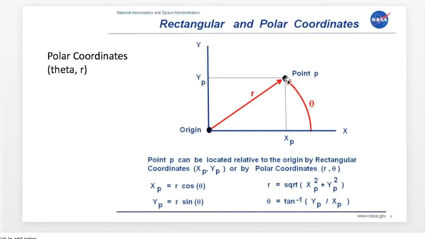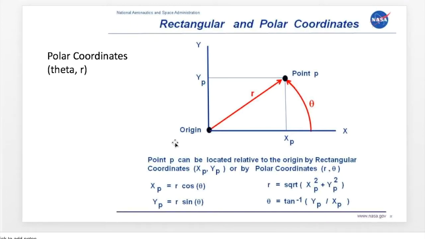In this case, the point P in the Cartesian coordinate system has an address X and Y. But in the polar coordinate system, it has the address known as theta, this angle, and r, which is the distance from the origin to point P. So point P's address in the polar coordinate system is the angle theta from the x-axis going counterclockwise, and also the distance from the origin to point P. I just want to point out that the Cartesian and polar coordinate systems can be interchangeable through these conversion equations.